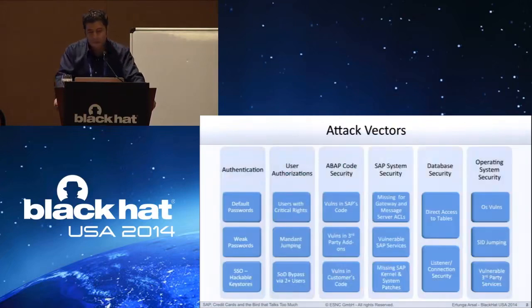When we look at the SAP systems, the most critical attack vectors are, first of all, the authentication. So in the year 2014, default password is one of the biggest problems in SAP systems. I think there's a reason for it. When you have an SAP system, you don't have a single user database.